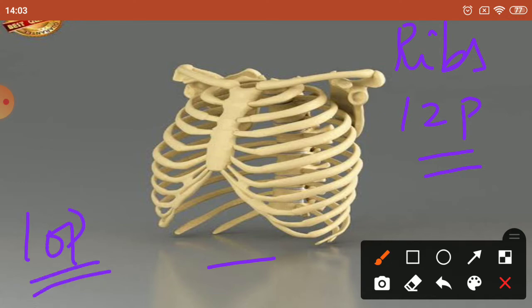They are not moving, because from the front side these ribs are connected with the center breastbone called the sternum.